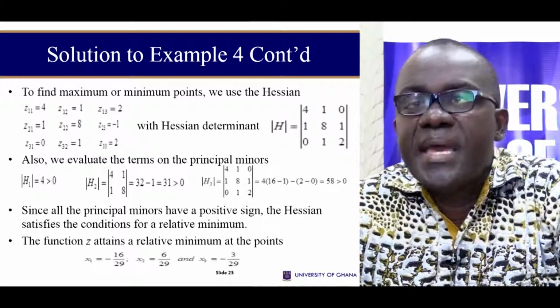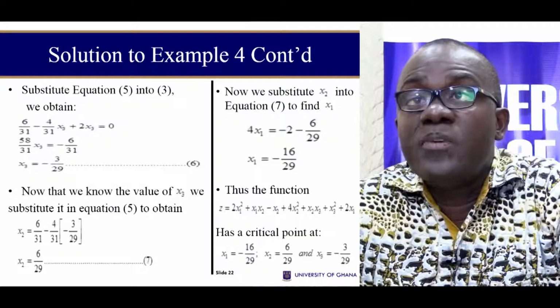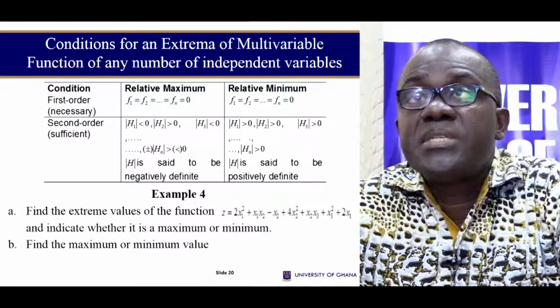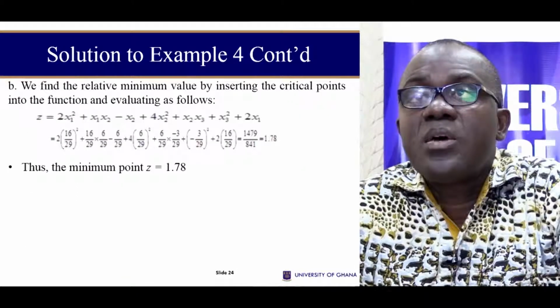So the Hessian here is said to be what? A relative minimum, if you compare it to the situation that we have over here, right? So we have a situation where we have a minimum. And therefore, it means that this point here is an actual minimum, looking at the first order and the second order conditions.